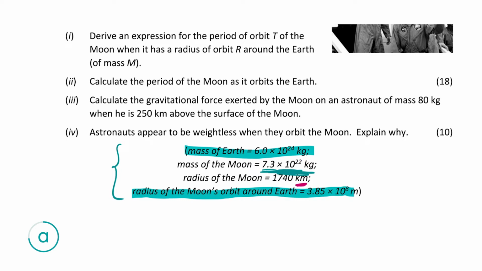And another piece of information that we're going to be using here is this value for the radius of the moon. Now, as I was saying, we need to make sure that we convert that from kilometers to meters. The reason is, as always, anytime you're using a formula, you need to use SI units. So to convert that, we're going to have 1,740 kilometers.